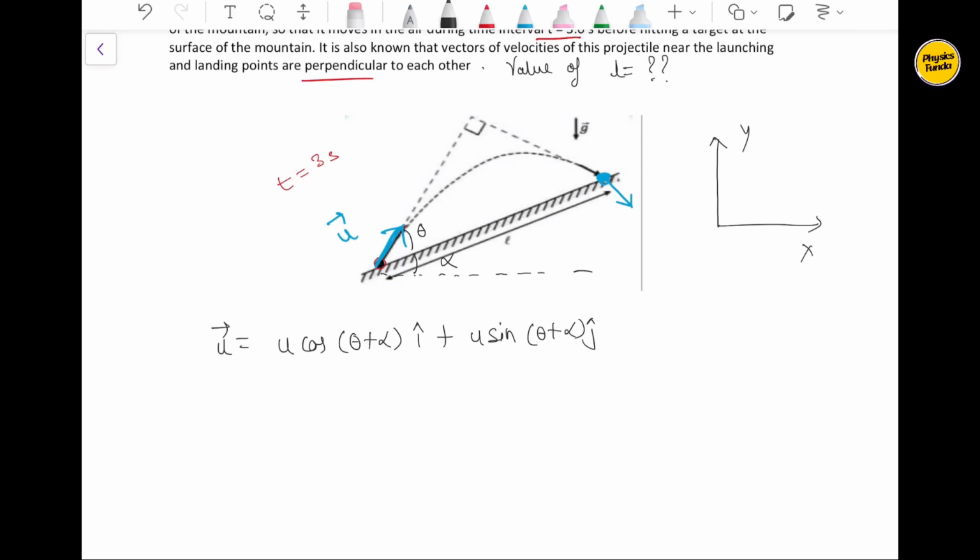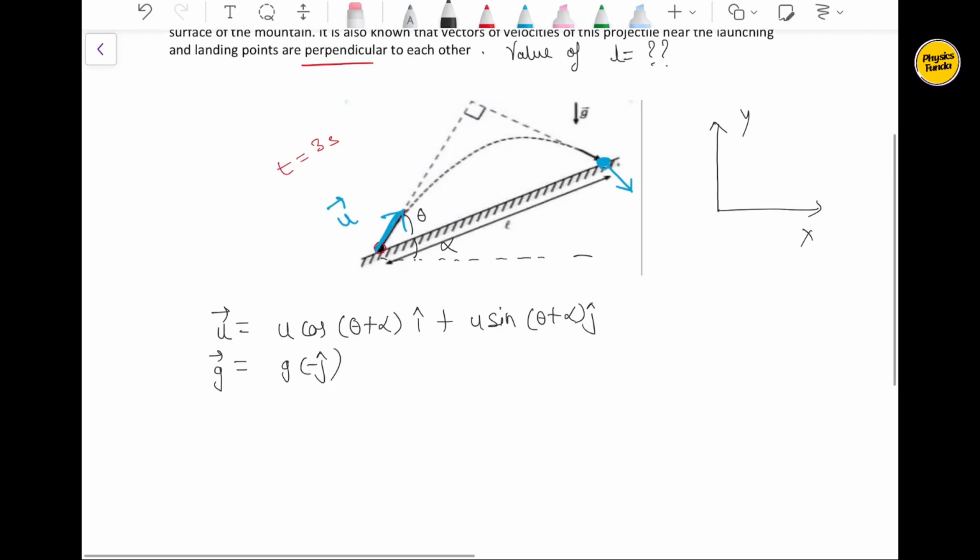If I break the initial velocity vector into x and y components, it can be written in this form. So my g vector, acceleration due to gravity, can be written as g times minus j cap. Time is given, that's 3 seconds. So my velocity vector, first I have to find that.